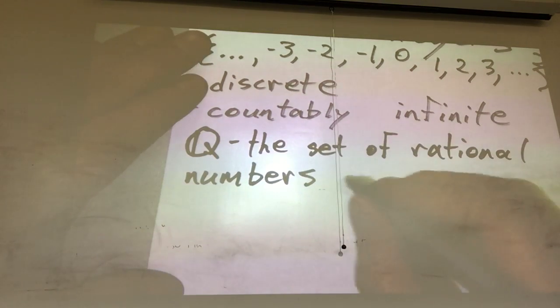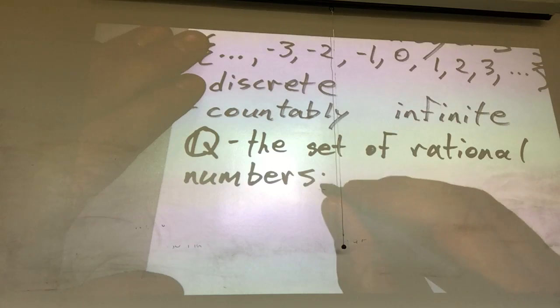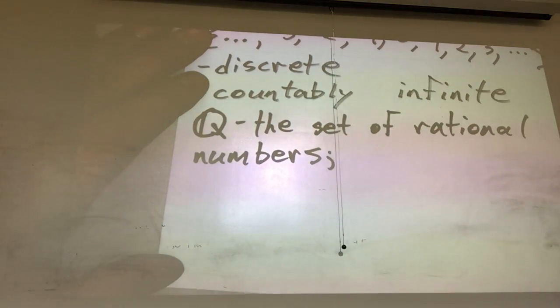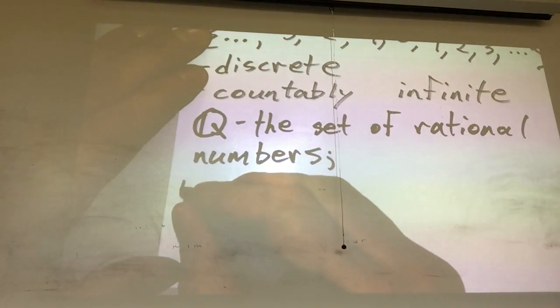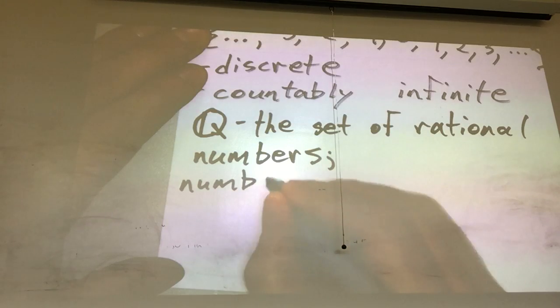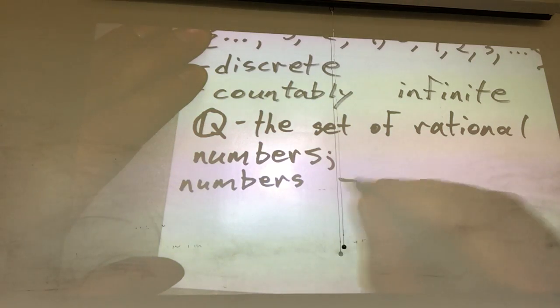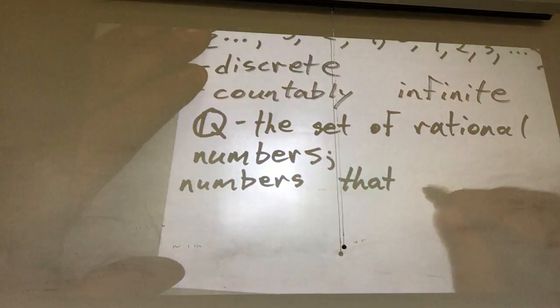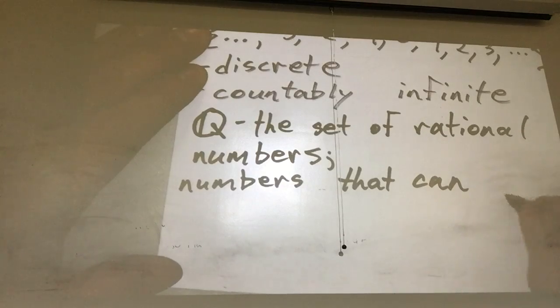What is meant by the set of rational numbers is numbers that can be represented by fractions.